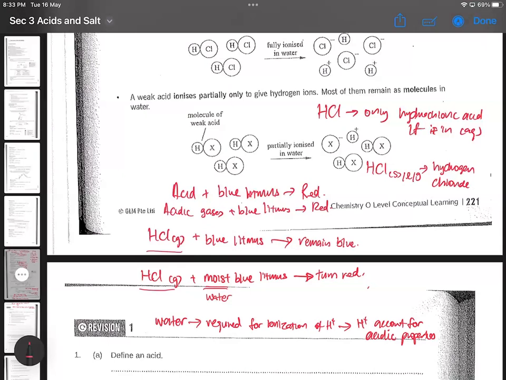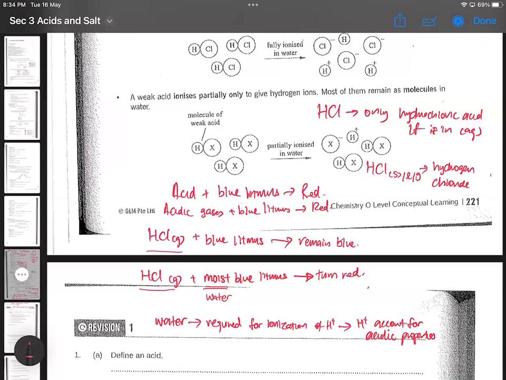So in a nutshell, HCl as a gas without water does not exhibit acidic properties. You need water to be present so as to trigger the H+, so the H+ can display the acidic property. Okay, please remember that.